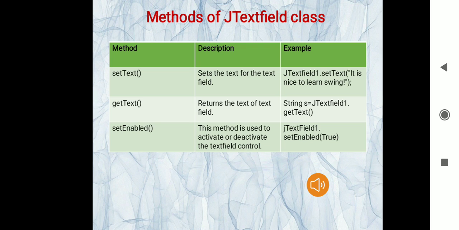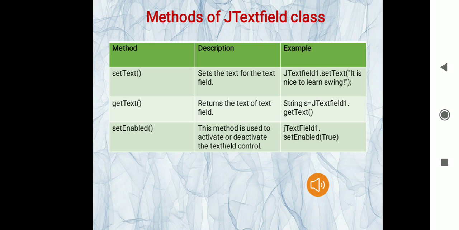The next method is getText. If you want the entry in the text field to be copied onto a different variable, then use this method. Keep in mind that a variable is something which can hold any value. For example, a variable can hold values such as numbers and letters. Now let's come to the getText method.